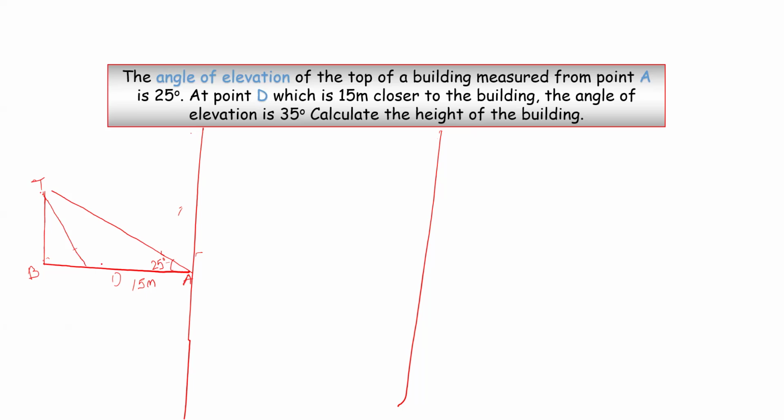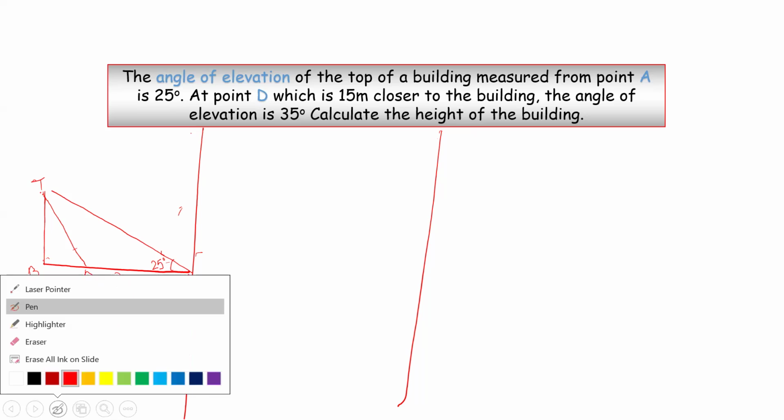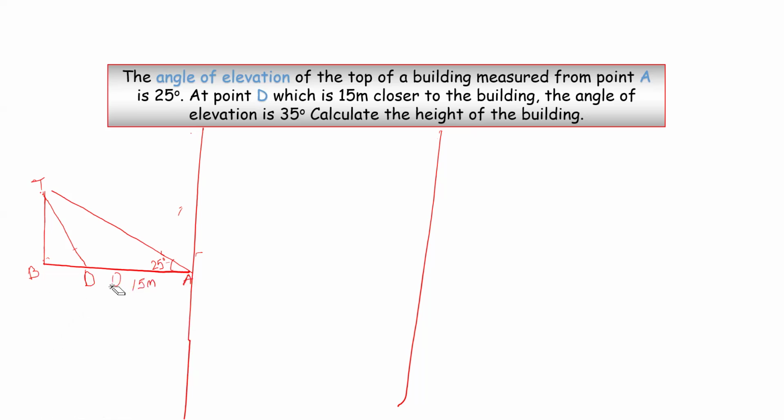Okay. So we are told that the angle of elevation from that point is 35 degrees. Now the question says calculate the height. This is the height of the building.